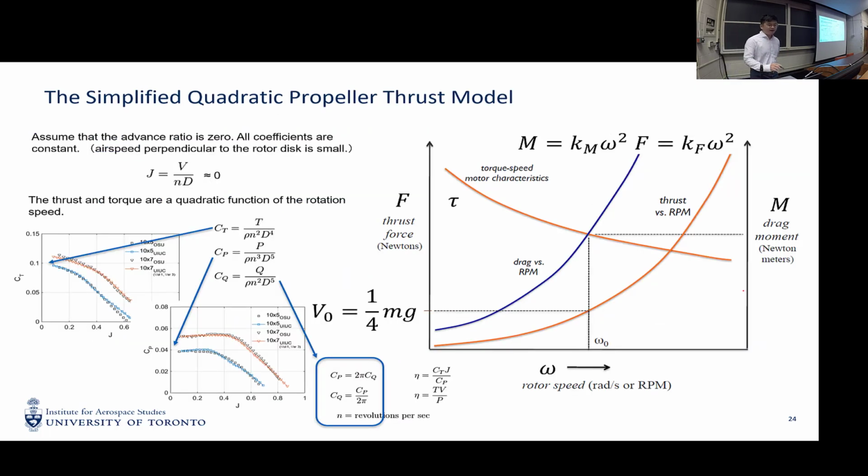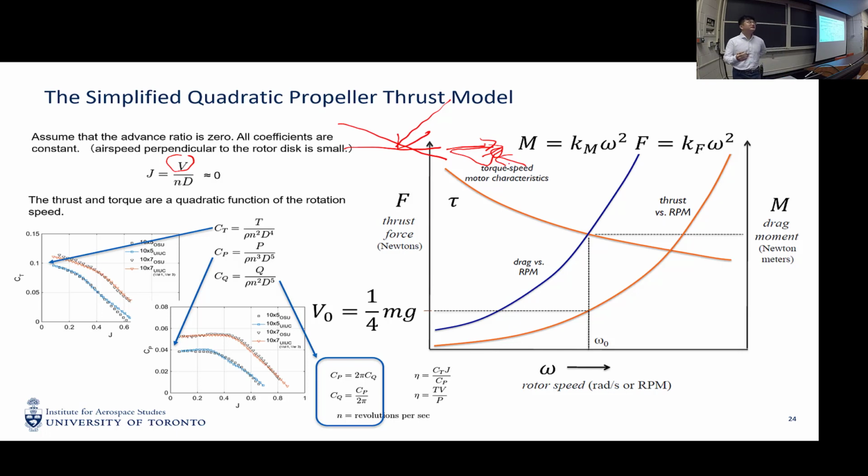And also, the modeling of a propeller is simple here. Unlike fixed-wing aircraft, where the free-stream velocity is usually assumed as your forward velocity, for quadrotors, this velocity is the velocity that is perpendicular to the disk. So if this is the forward velocity, then the velocity perpendicular to this is this component here.